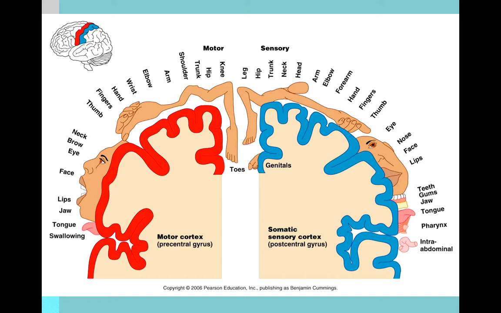And I want you to notice that a good 1/6, if I said 1, 2, 3, 4, 5, 6, if I were to kind of try to break this up here, right? Your fingers and your face take up a huge amount of your cerebral cortex. And that is because we have so many muscles that we control in here.